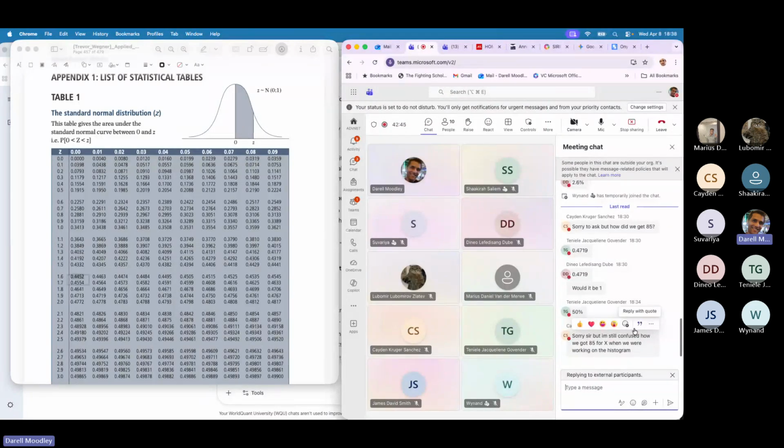Okay, let's go back to the histogram. All right, so the second question, let me clear this. I know it's very messy. All right, maybe this makes it a bit easier to read now.